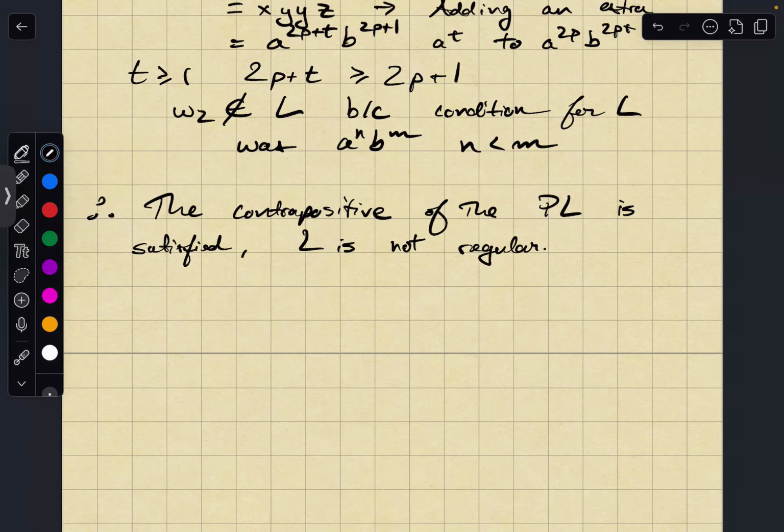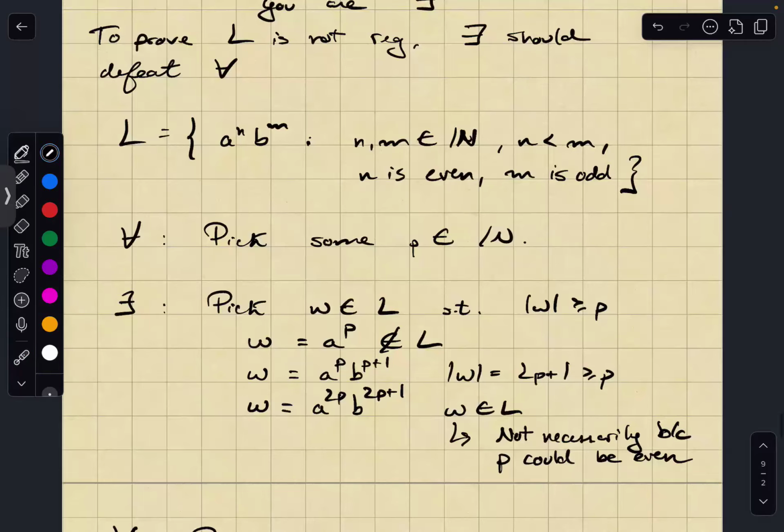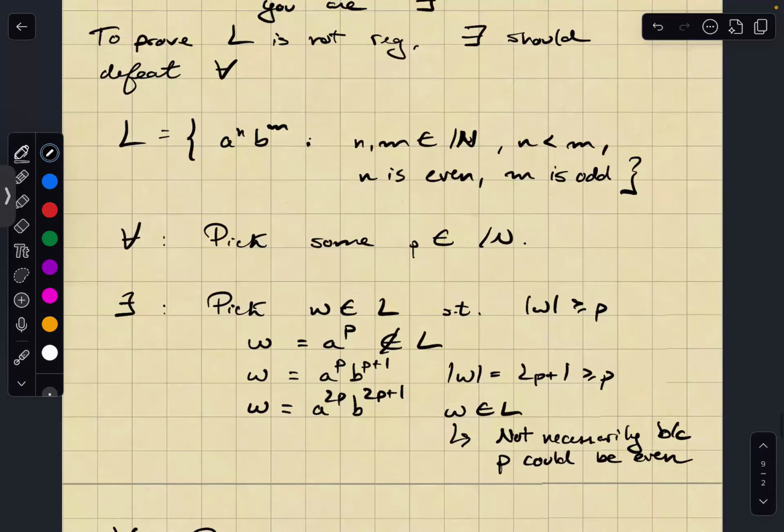I don't understand this versus the one. If you don't like the me versus opponent thing, then you could just think the for all is like, suppose p is some arbitrary natural number, and then the existential is you just pick a particular string or i, basically.